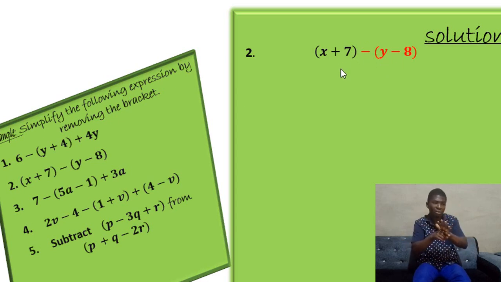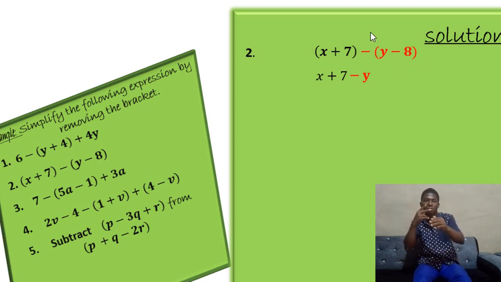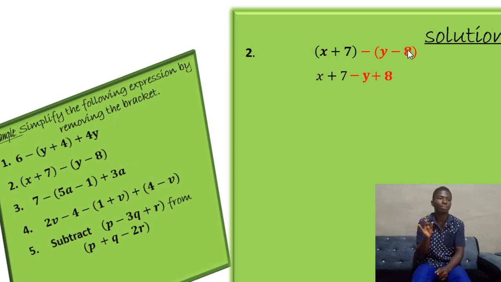You can just bring this one down as x plus 7, it's not going to be multiplying anything. Then this negative sign is now multiplying this red bracket. So you're first going to be having a negative y. If you remember the other time, I said when a negative is multiplying a negative, what does it become? It becomes a positive. Then you have your 8 here. So you're having x plus 7 minus y plus 8.